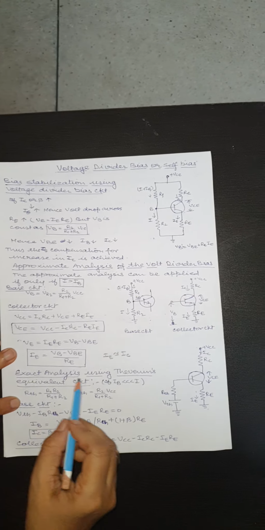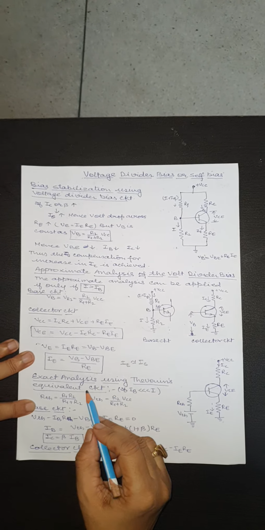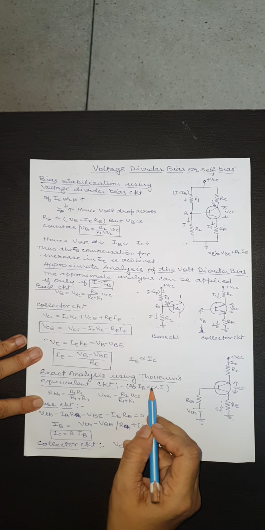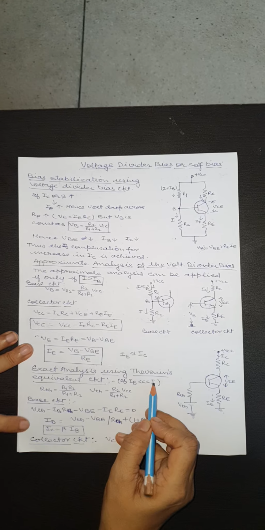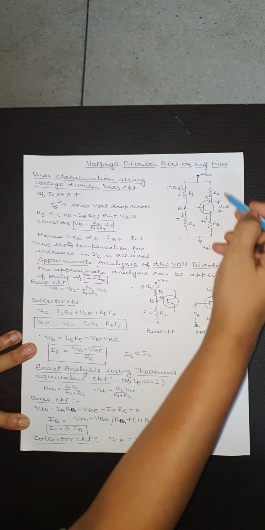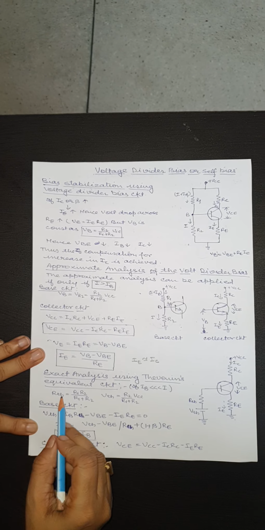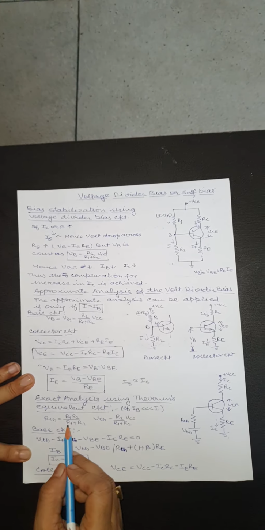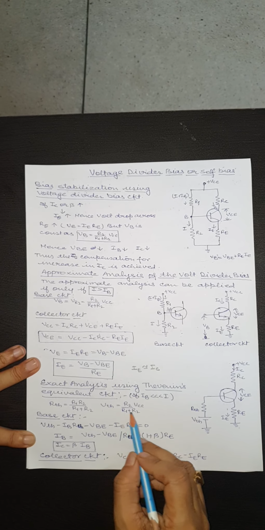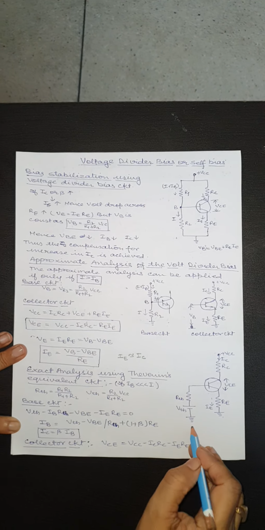Second is exact analysis using Thevenin equation. This exact analysis is applied if value of IB is less than I. Here we convert this into Thevenin equivalent. In the Thevenin equivalent, Thevenin resistance is given by this equation, and Thevenin voltage Vth is given by this equation, and this circuit is redrawn in this circuit.